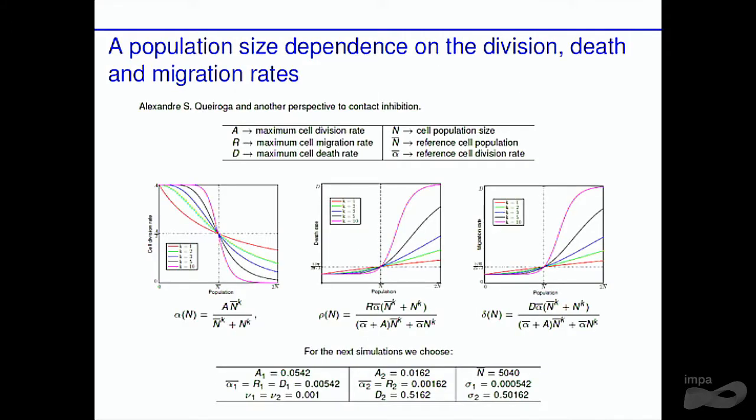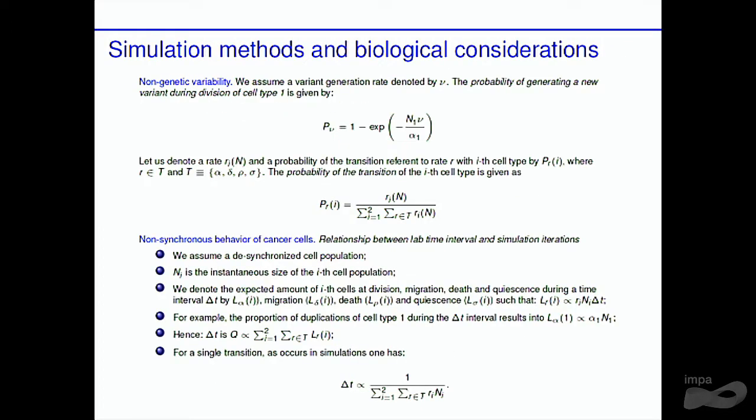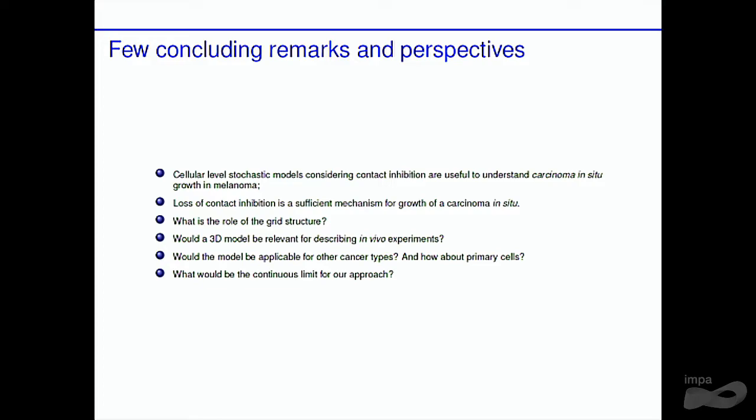Some further questions that we have: using those simulations, how to go from a discrete time towards a continuous time. We have a guess for going from discrete to continuous time, still doing simulation. But of course, we would like to get a continuous limit for our approach, considering a system of ODEs.